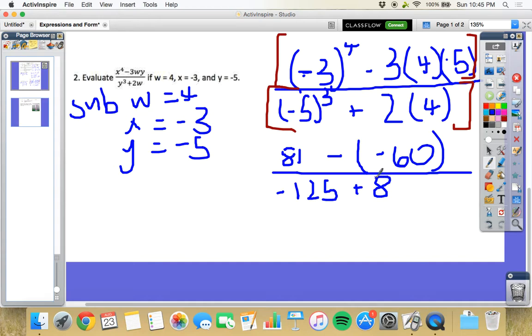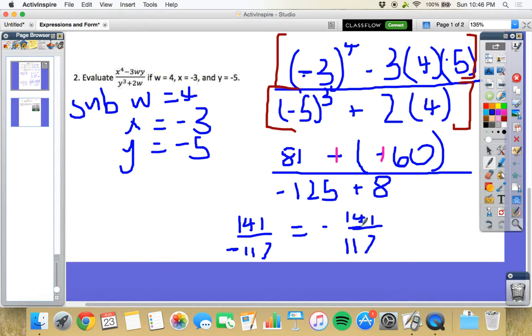Then 81 minus negative 60: when you subtract a negative, you really add them, right? So that's 81 plus 60, which is 141. And then negative 125 plus 8 is negative 117. Now, when you have a negative in the denominator of a fraction, you can just bring the negative out to the front, because what you're saying is just that this fraction is a negative number.